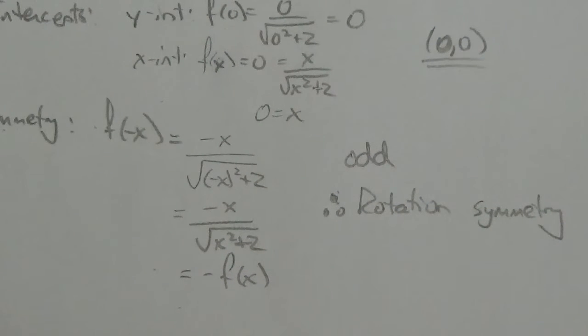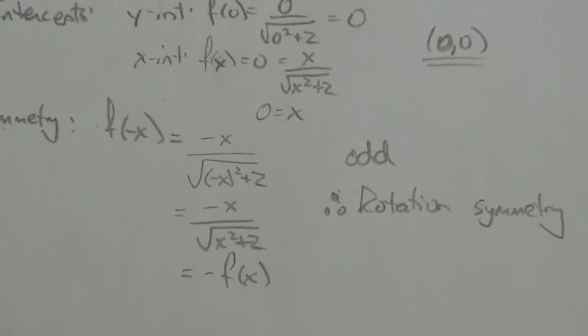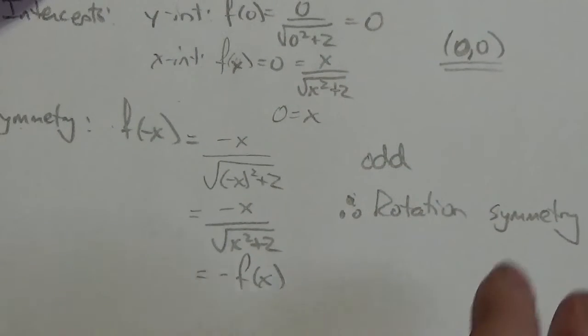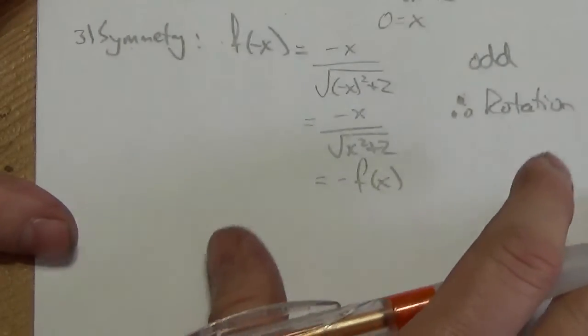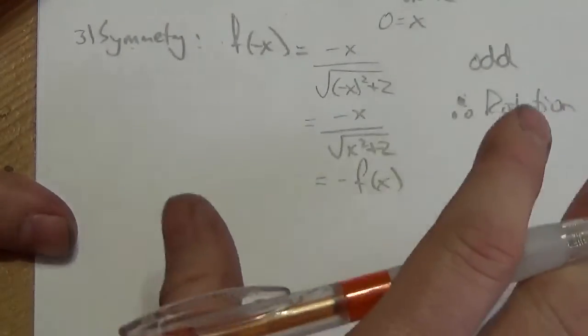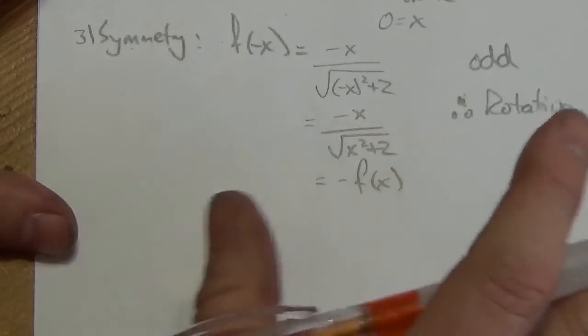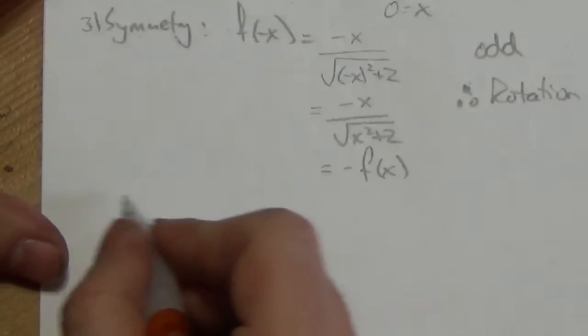So actually, I can kind of guess at this without too much work. I can kind of do half of the work here and still get the graph. But that's okay. I'm going to go through and do the whole thing anyway. When I'm done, if I look at my graph and notice that it's got rotation symmetry on the origin, I know that everything's nicely consistent here.